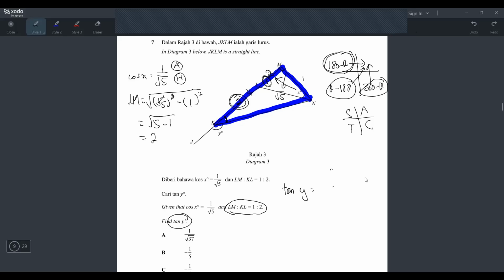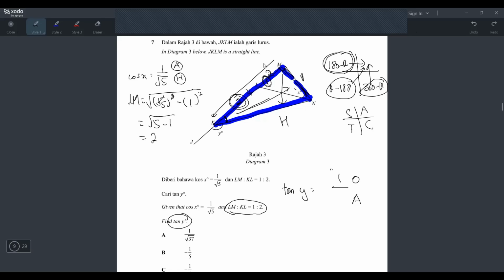Okay. What is the tangent formula? TOA, so opposite over adjacent. So your opposite will not be square root 5. It will be this one. Let me erase all these lines in between. So your opposite is actually 1. This is your opposite, this is 90, and this one is the hypotenuse, right?